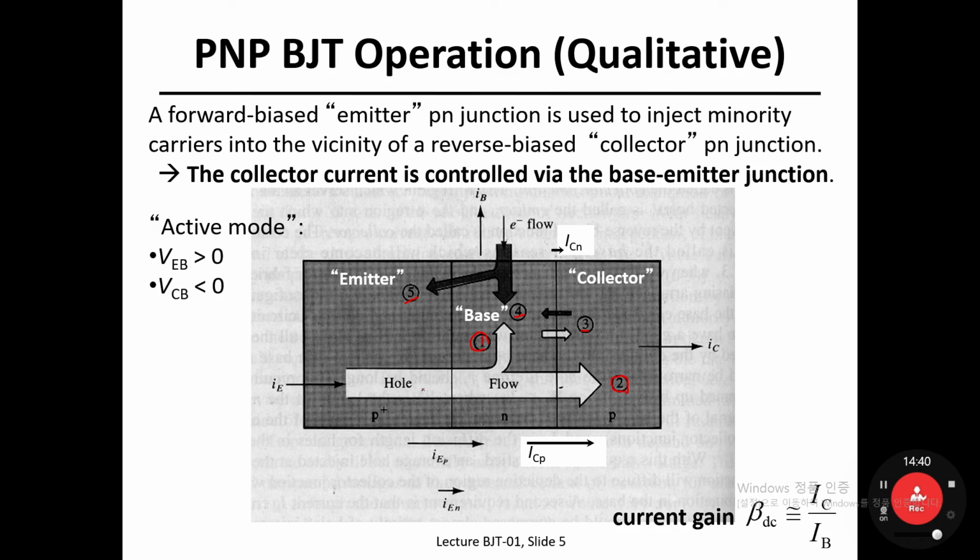Basically this is a P plus N P BJT, with emitter current, base current, and collector current. If I draw the circuit symbol for this PNP: emitter, collector, base. We are not following the IEEE sign convention. As we have done, IE is equal to IB plus IC.